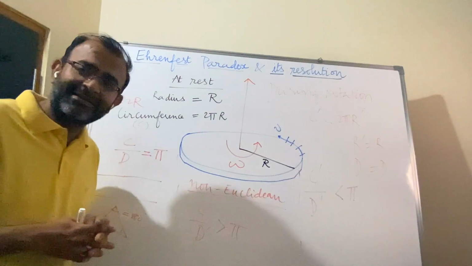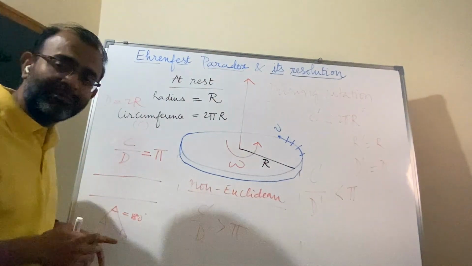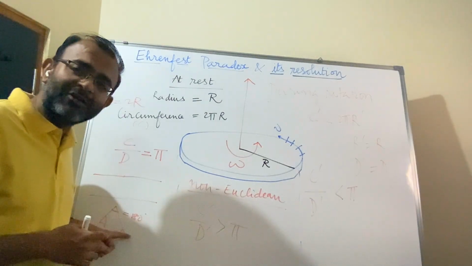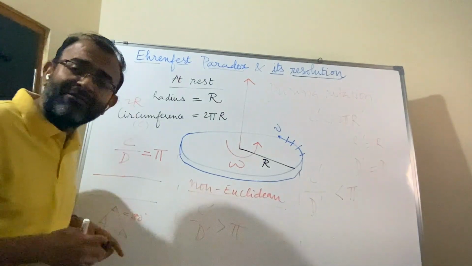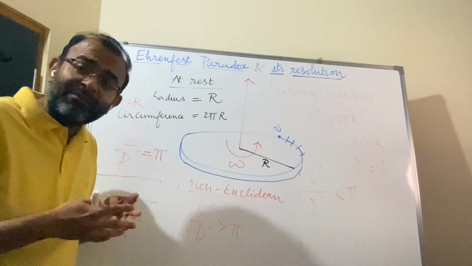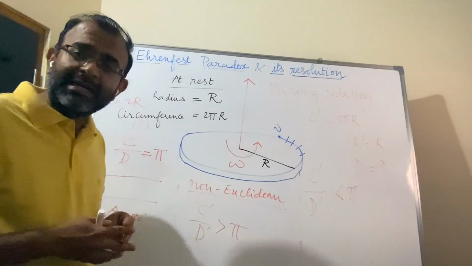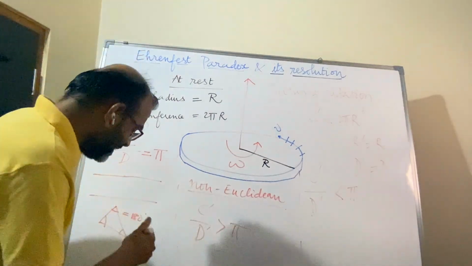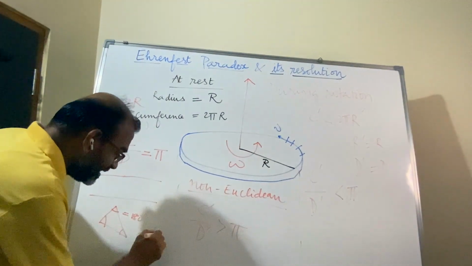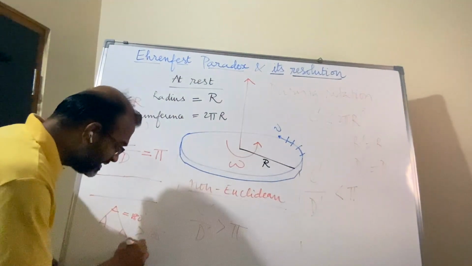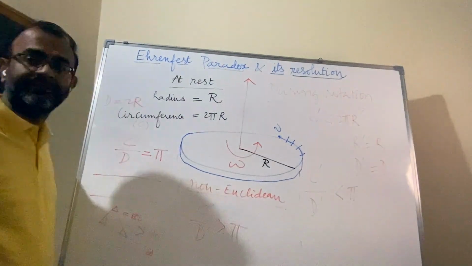Mathematicians realized from the fifth postulate that this is not always true. There could be non-Euclidean geometries where the sum of the angles of a triangle need not be equal to 180 degrees. They in fact found out that in the case of the elliptical geometry, this angle is greater than 180 degrees, and in the hyperbolic geometry, this angle is less than 180 degrees.